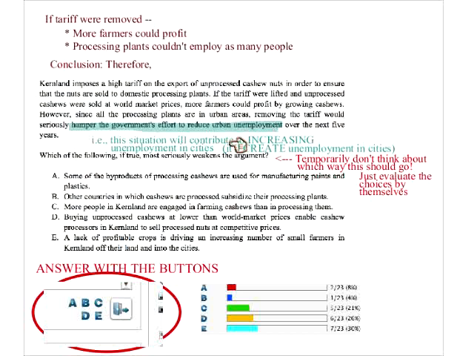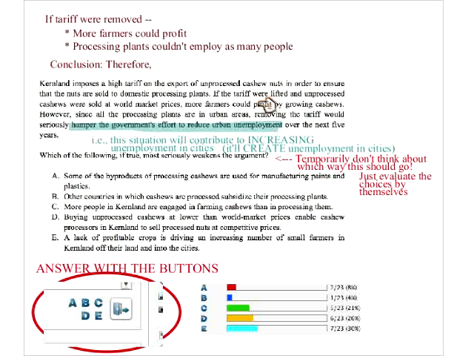The way you get that it couldn't employ as many people is because otherwise this blue statement would make no sense. The reasoning is we're not processing as many cashews, and so the most probable interpretation of this is if you are not processing as many nuts, then you will have to lay people off.